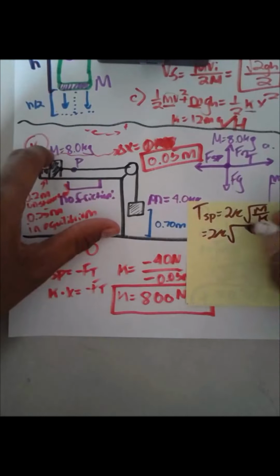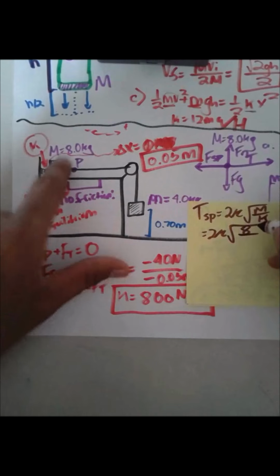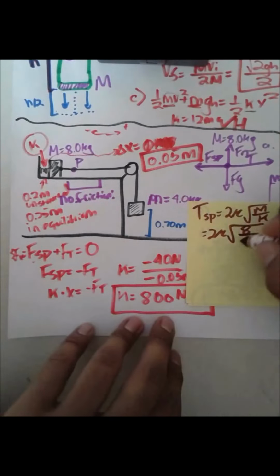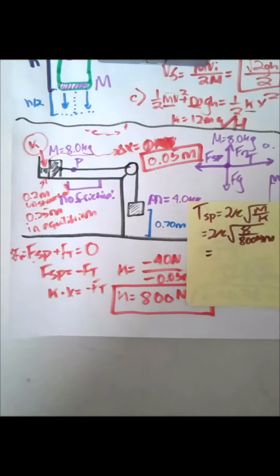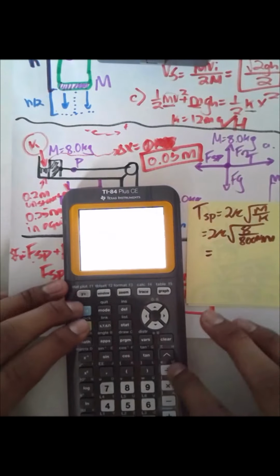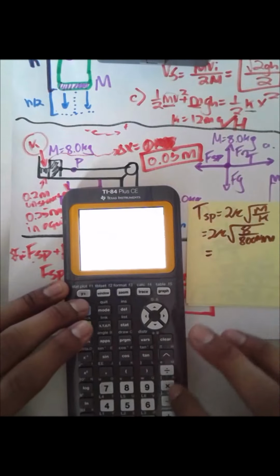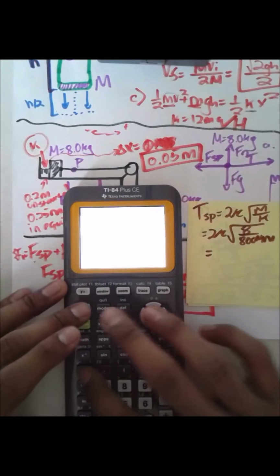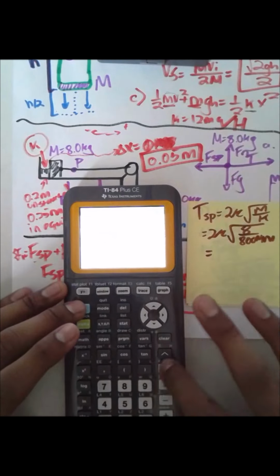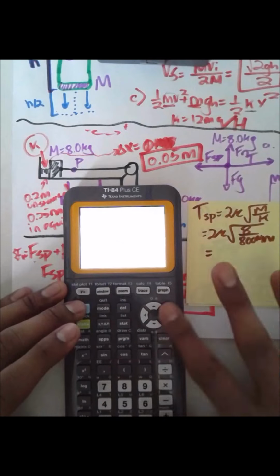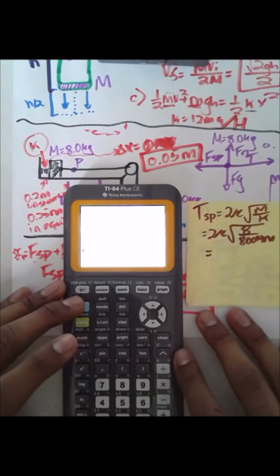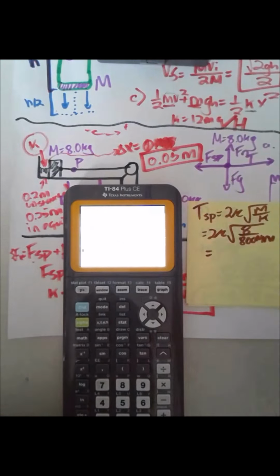The mass of the 8 kilogram block is 8. And the spring constant, as we figured it out, was 800. The period is therefore 2 pi times the square root of 8 divided by 800. 0.628. That is the period.